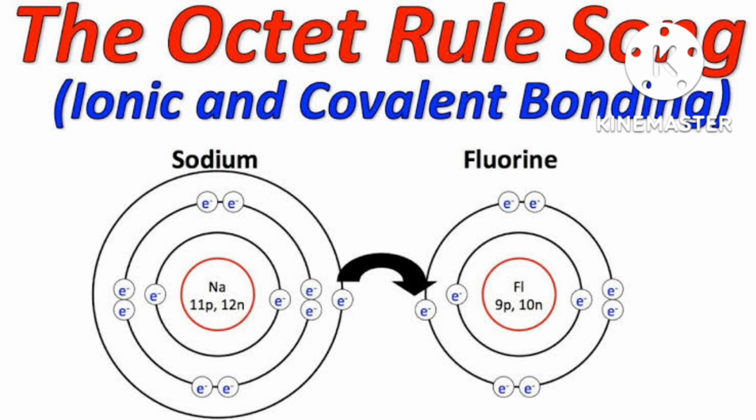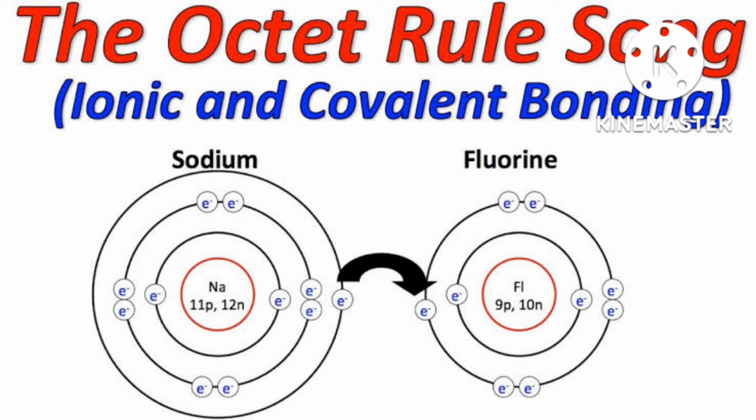Kossel and Lewis, both scientists, in 1916 developed an important theory of chemical combination between atoms known as the electronic theory of chemical bonding.